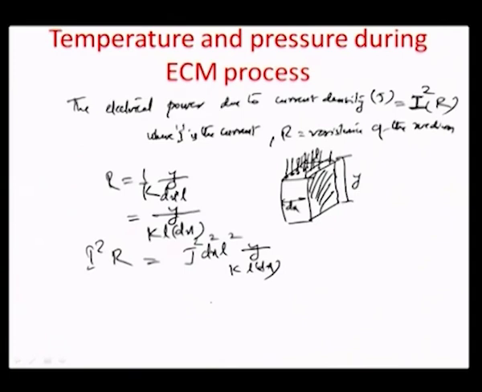In other words, it can be written down as j square L dx y by k. So, that is the total amount of electrical power that is transmitted to this element here of thickness dx in the equilibrium gap y with length L into the plane of the paper here, signifying it is a 3-dimensional volume.